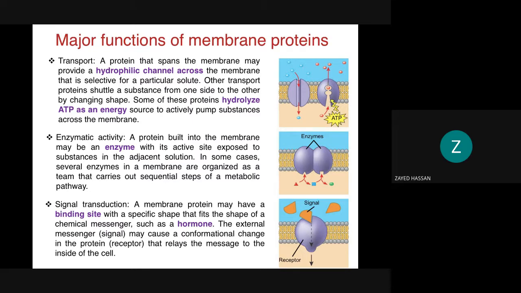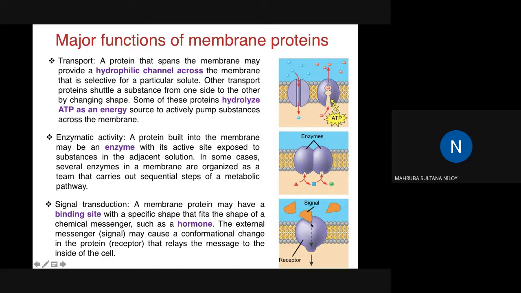And this membrane protein also helps to transduce signals. So there may be a receptor like this, and a signaling molecule may bind with this receptor.